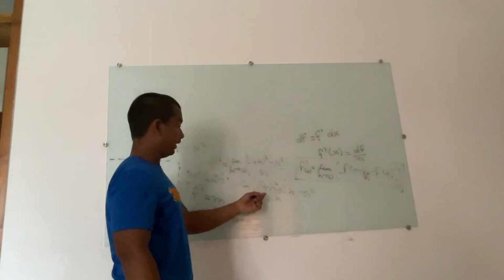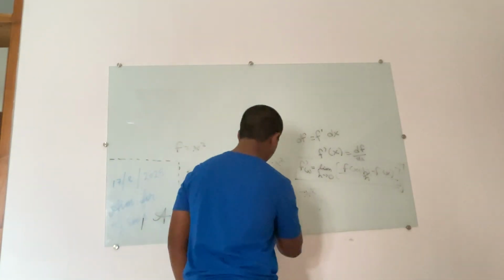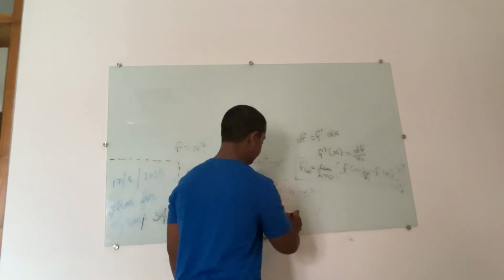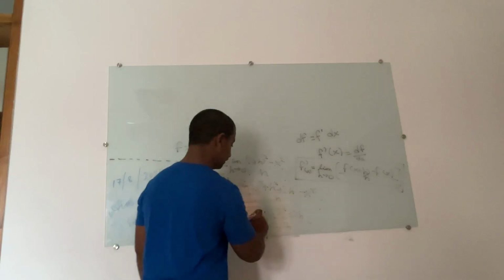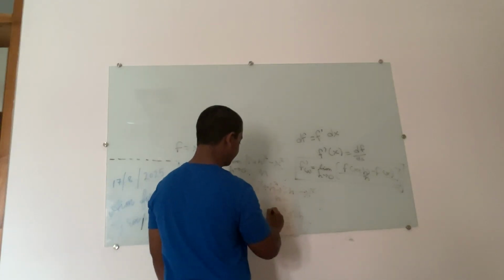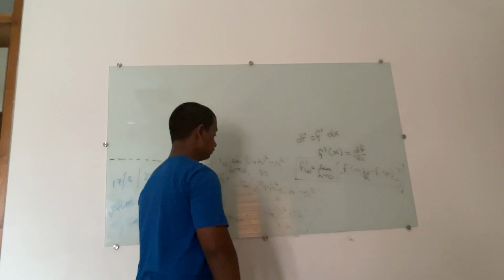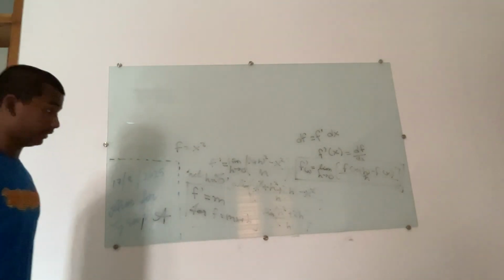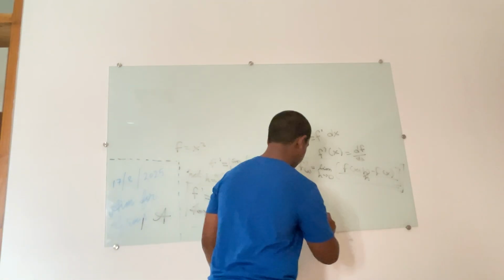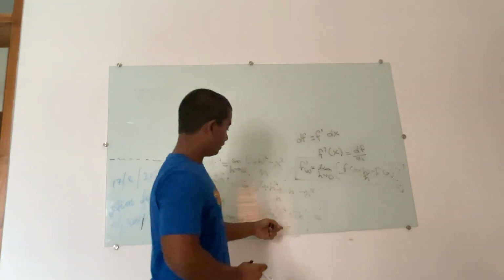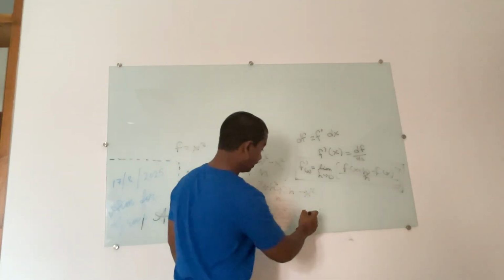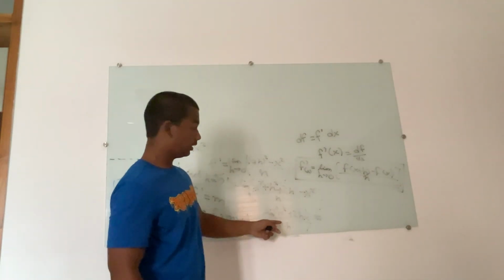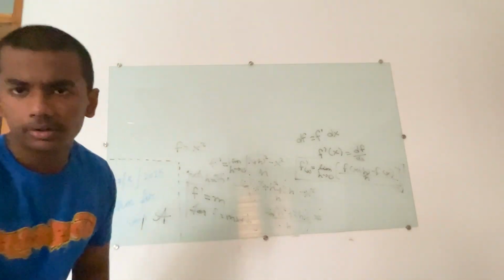The x squares go away. I'm left with h squared plus 2xh over h, and the limit is still there. We cannot forget the limit. It is crucial to our derivation. Is that visible? I hope it is.